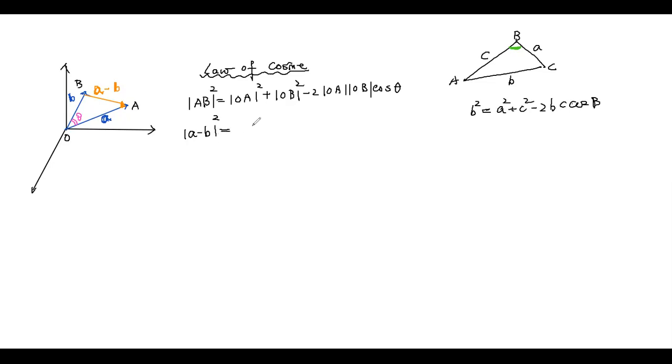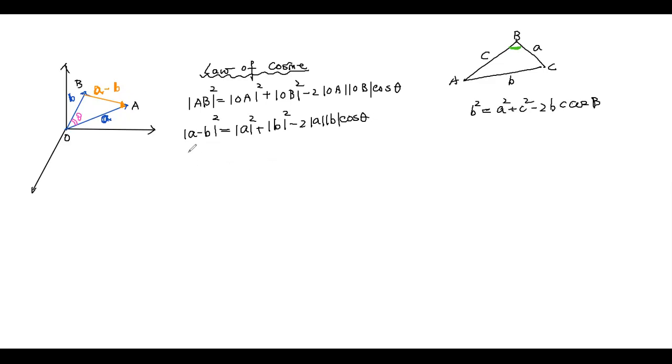Now what is OA? OA is the length of vector A squared, plus the length of vector B squared, and minus 2AB cosine theta, all right?